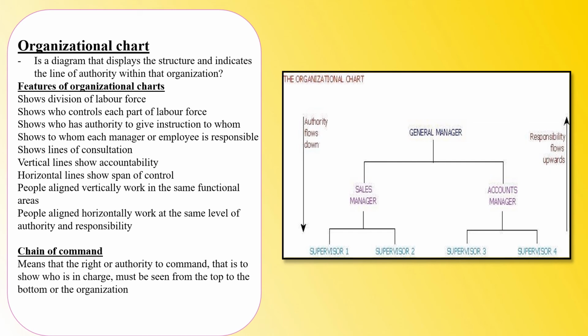The chain of command. This means that the right or authority to command, that is, to show who is in charge, must be seen from the top to the bottom of the organization.